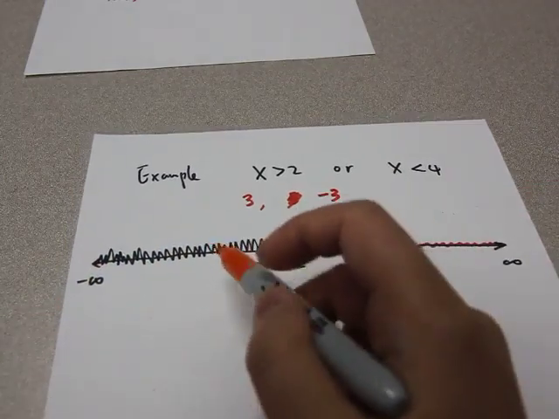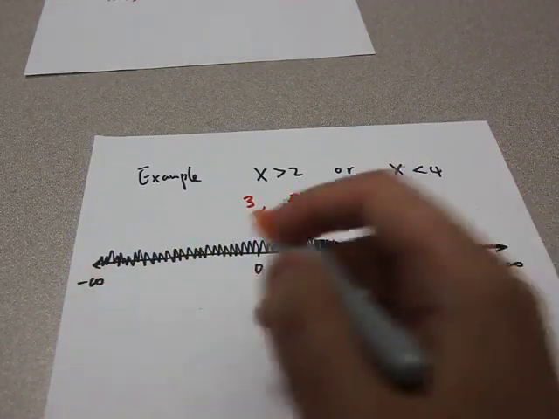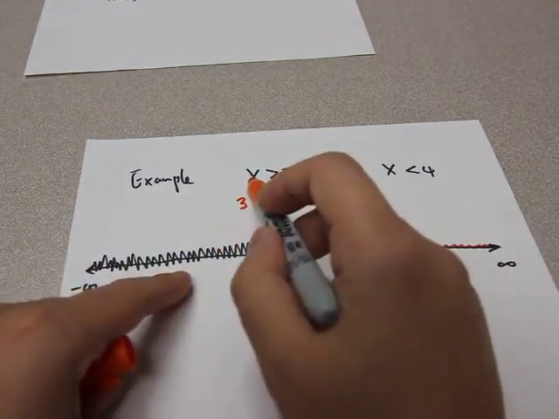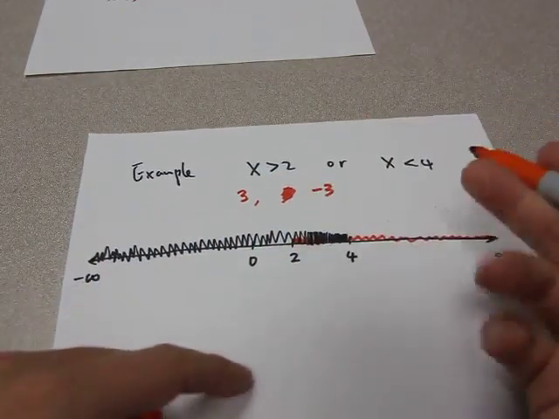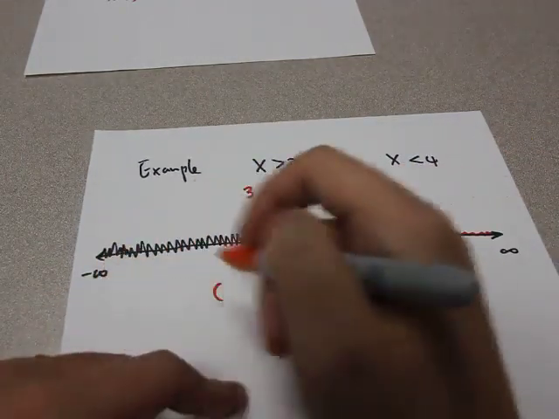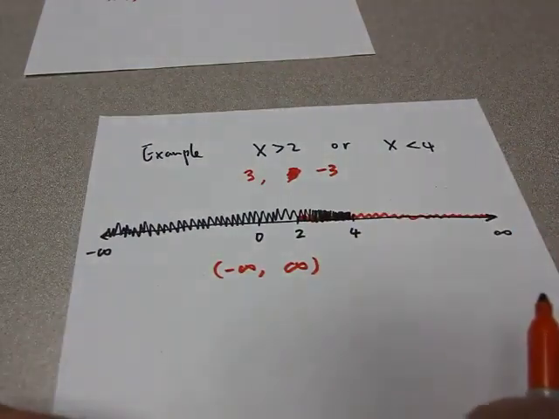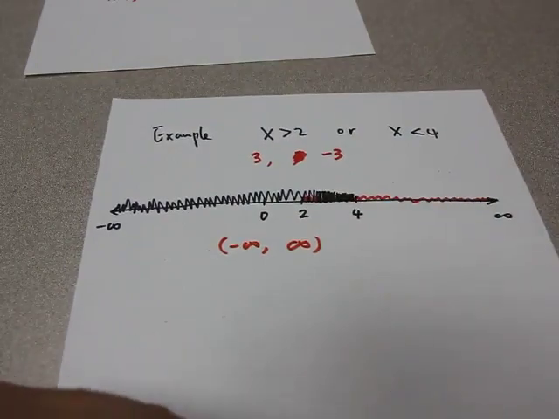If you don't believe this, you can pick any number on this number line. You will see that the number you pick is either greater than 2 or less than 4. That's why the answer here is from negative infinity to positive infinity. This is the answer to this compound inequality.